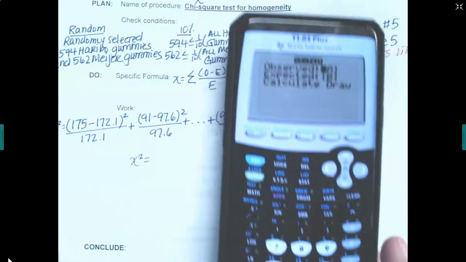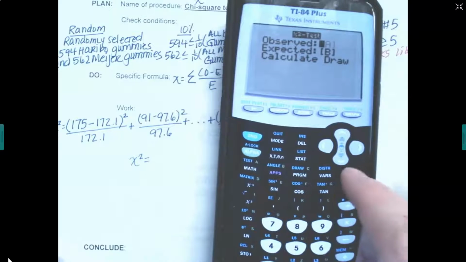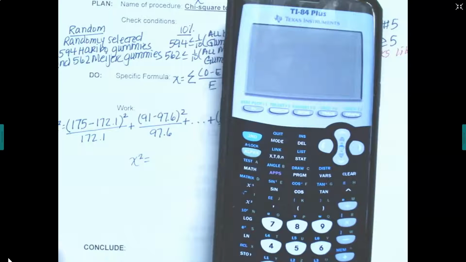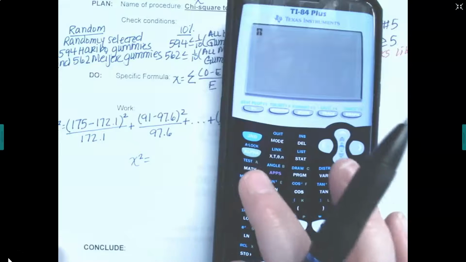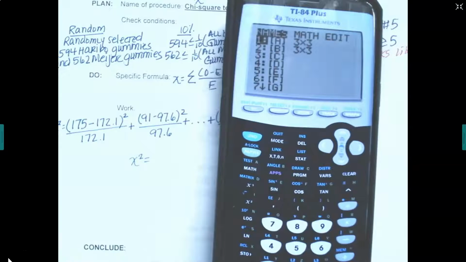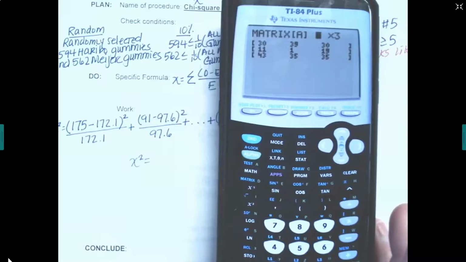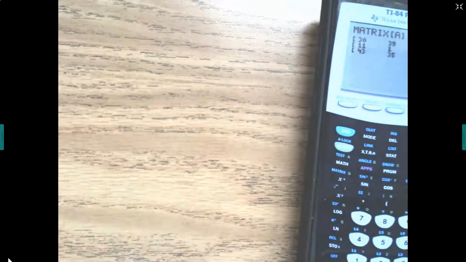So to get to the matrices, let's exit out of this, press second, and then X-1. It's right here and it says matrix right above it. And you'll come up with these matrices. So we're going to go over to edit and enter. Okay, so let's look at our counts.